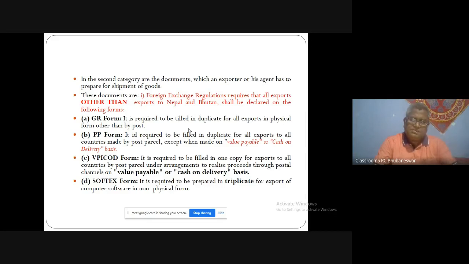For the COD form, one copy of the document is required, unlike the other forms, which need two or three copies or duplicates. It is for cash delivery or value payable, at the time of payment. The Softex form is a triplicate form, and a computer-generated form is required.